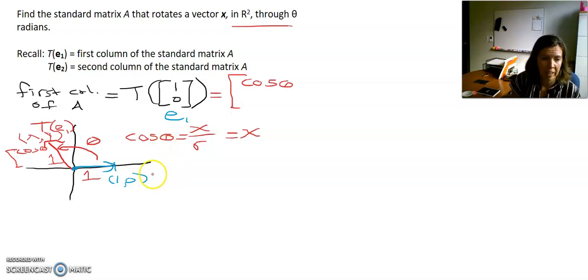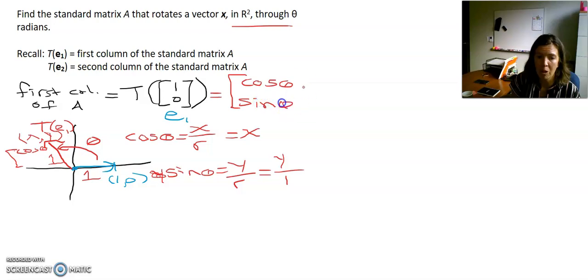And the y-coordinate: sine of theta is equal to y over r. Again, we started with the unit vector. This is 1 unit out. It's a unit vector that's just been rotated. So r, the distance from the origin, is 1. We don't know what y is, but y actually is equal to sine of theta, because in these problems you are given the angle theta.